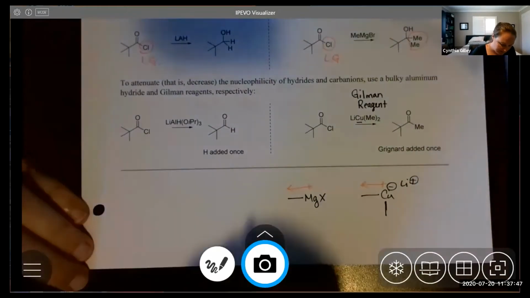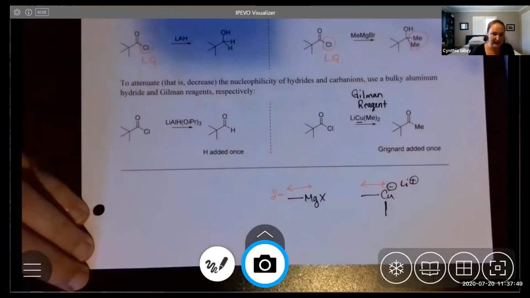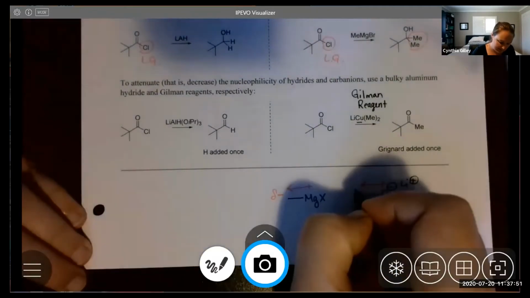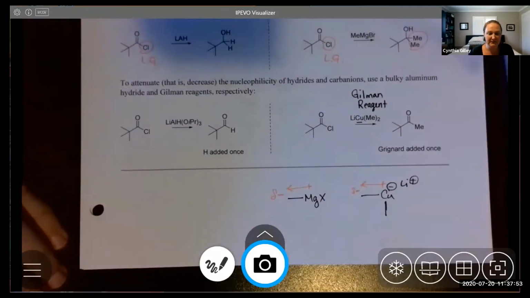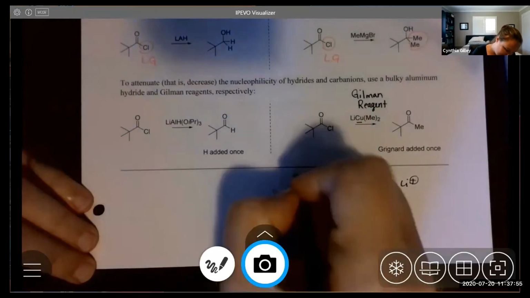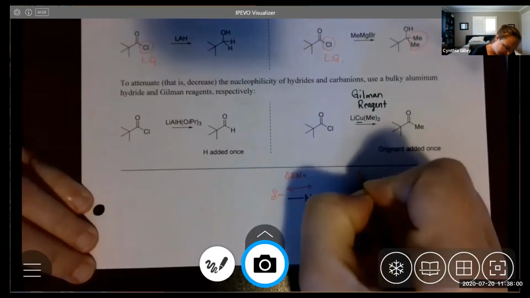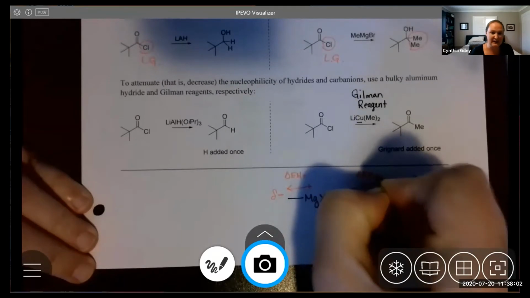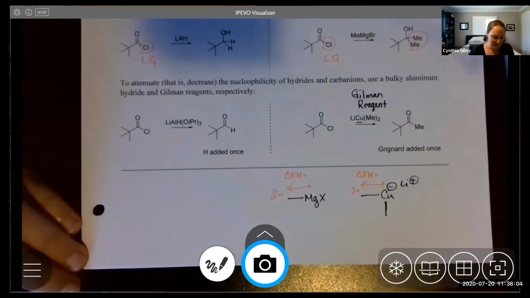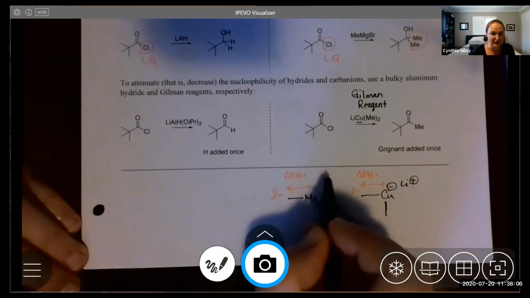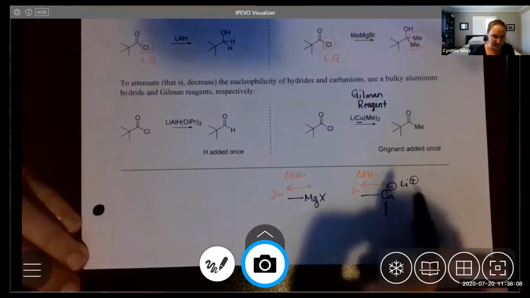So this is a much stronger carbon anion than this one is. I'll draw that smaller. I don't remember exactly what the number is, I'll fill it in later. It's much larger here than it is over here.